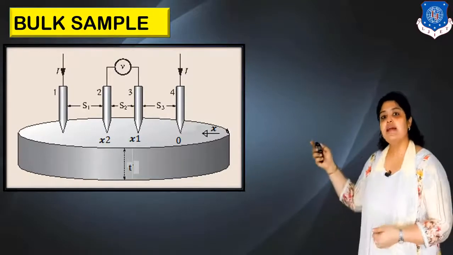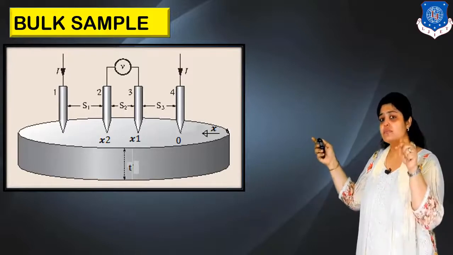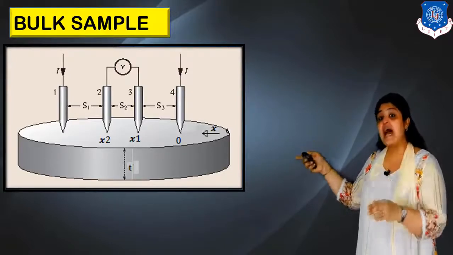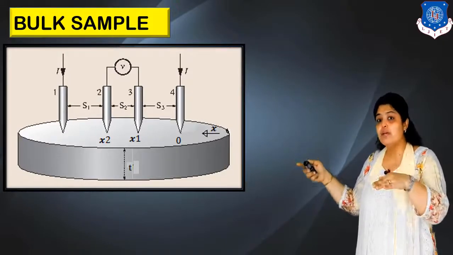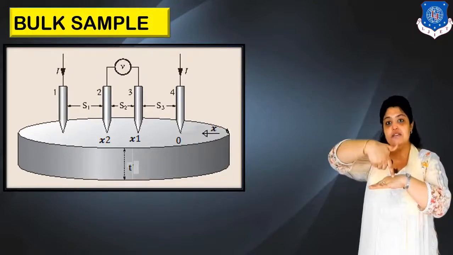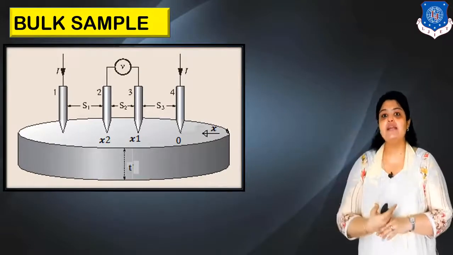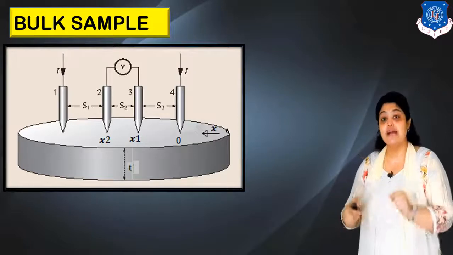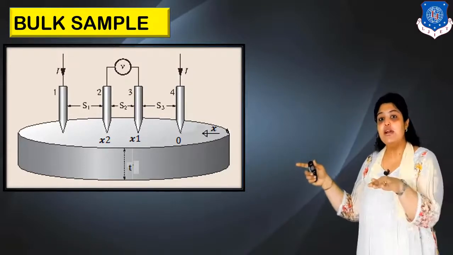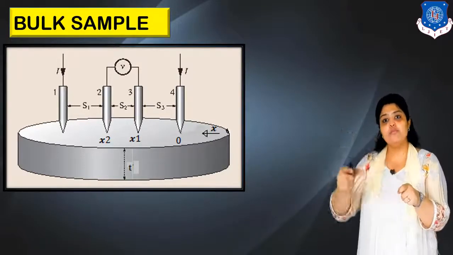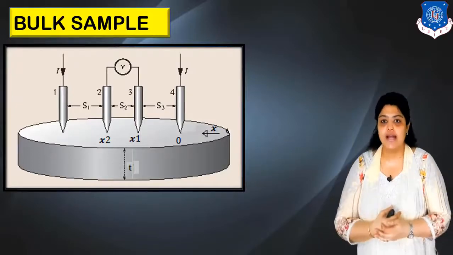Now just have a look at the diagram. You can clearly see that all the 4 probes are connected on the top. They are just connected on the surface. They are not penetrating the surface, they are on the surface. That means 4 contacts are made on the surface and the 4 probes are connected on those contacts.